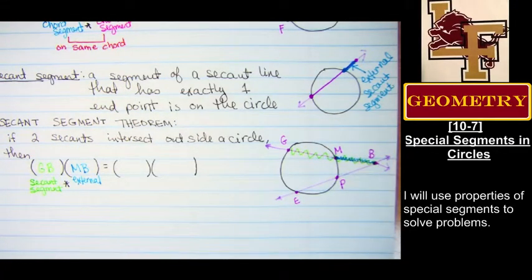Okay, take a moment to look at that. So the first one is the entire segment, the whole thing. And the one it's multiplying to is just the part of it that's sitting outside of the circle. Okay? And again, that's on one secant segment.